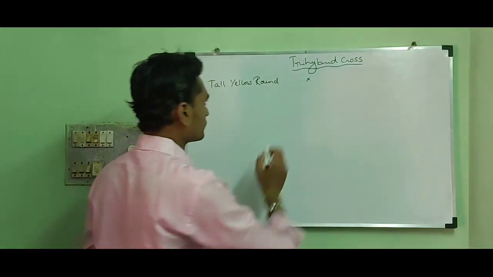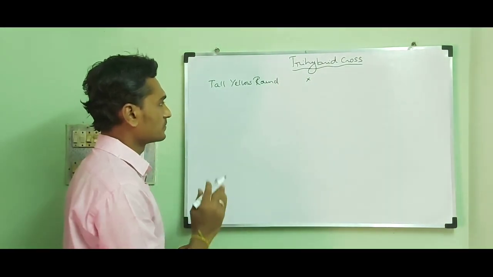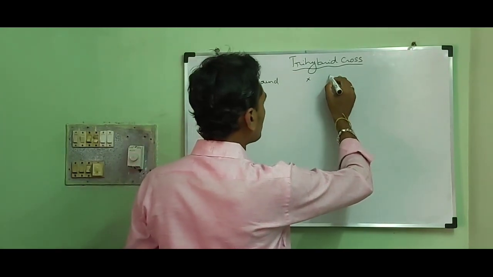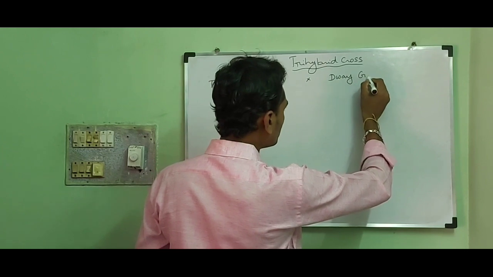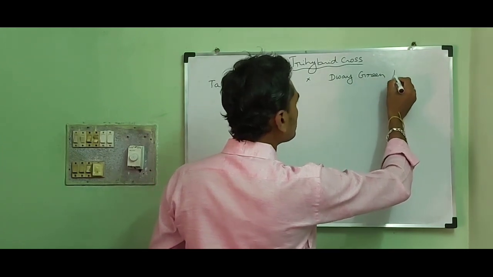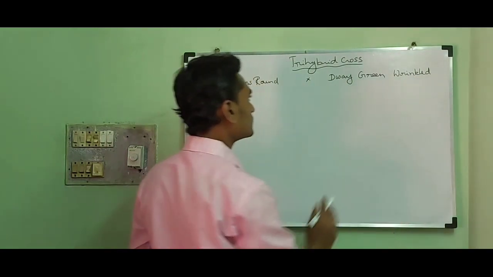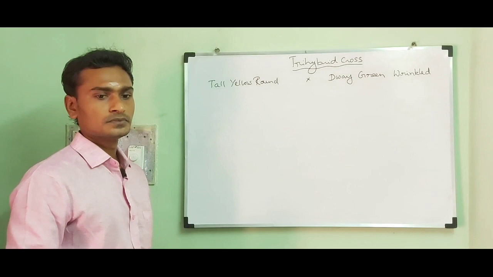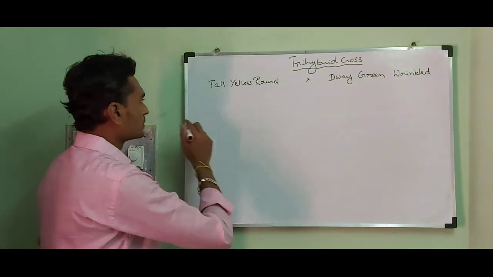Cross with homozygous recessive. Now, I am going to write the phenotype for homozygous recessive parent. Dwarf, green, wrinkled. So, this is the phenotype for the recessive parent. Now, I am going to write the genotype for the dominant one.